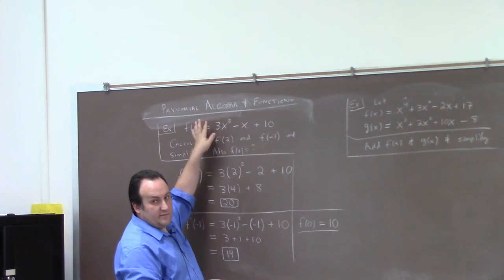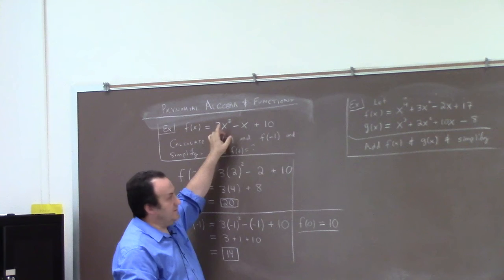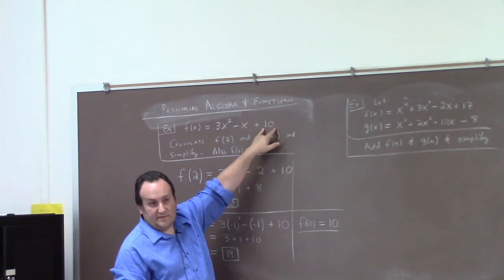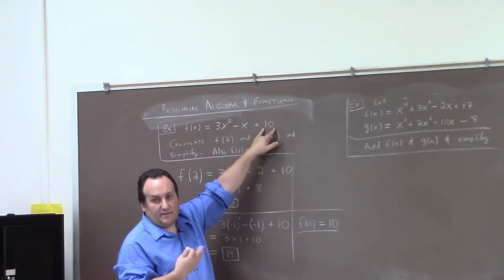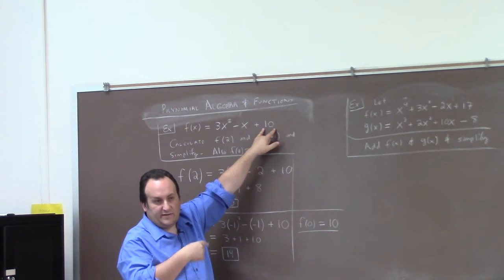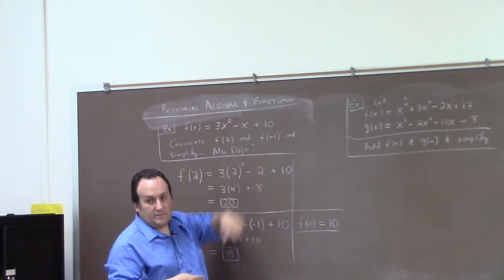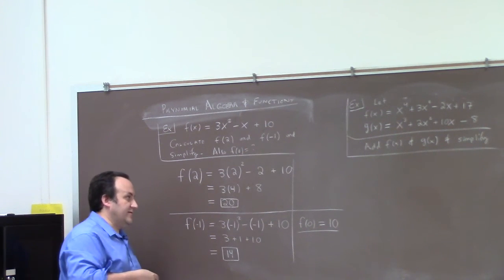When you plug in 0 into a polynomial, you're just going to pick out what's called the constant term. So the constant term also tells us where the y-intercept is of the graph. If I write y equals a polynomial and look at its graph, the y-intercept will always be whatever that constant is. So it's helpful for graphing also.